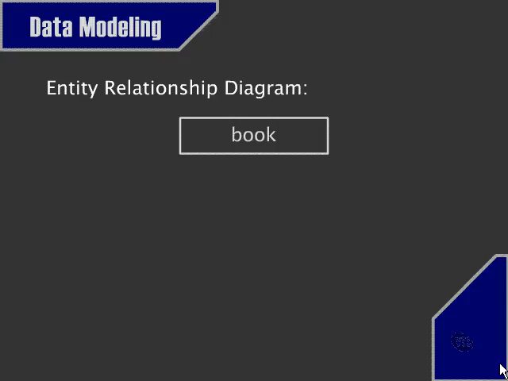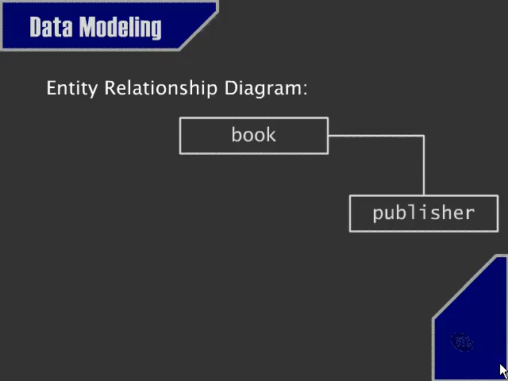The most important thing about entity relationship diagrams is that all entities that are going to be included within your database are mapped out in your diagram. For instance, we may have a book entity and a publisher entity. We also need to specify the exact way in which they relate to each other.